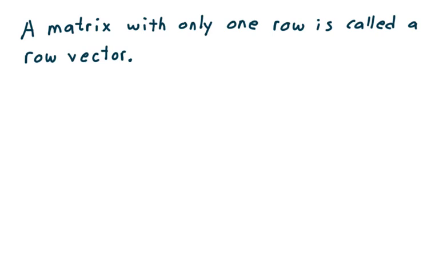And if we look at example 5, that's an example of a row vector. So here, I'm going to write down the matrix 2, 3, 4, 0. So notice that's one row, 4 columns.